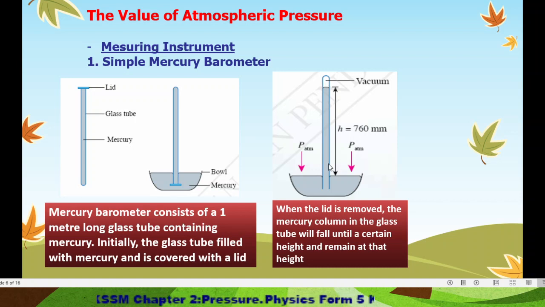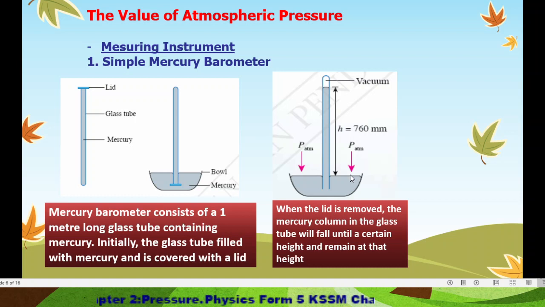Okay, so what can we say about this height? If you look carefully, the height of 760 millimeter will exert weight that produces pressure at this point, which is at the same level as outside here. As we know, for pressure in the same liquid at the same level, the pressure is the same.